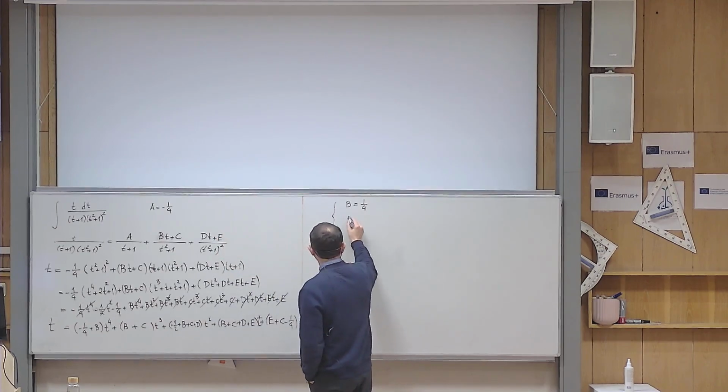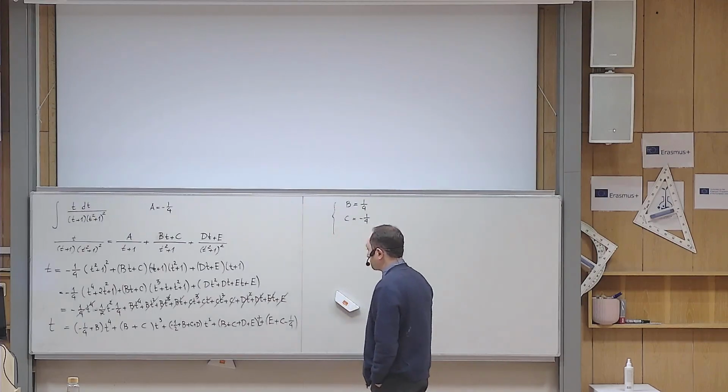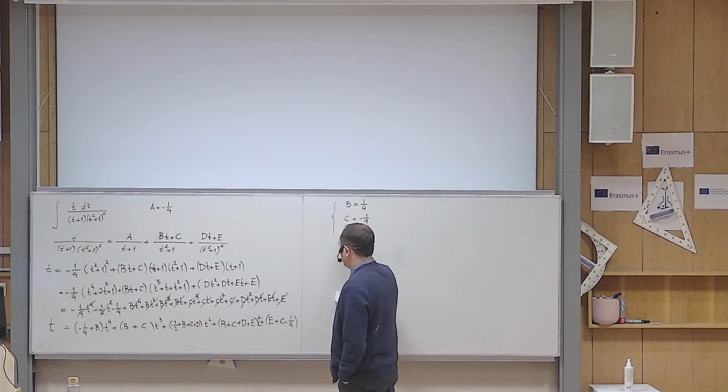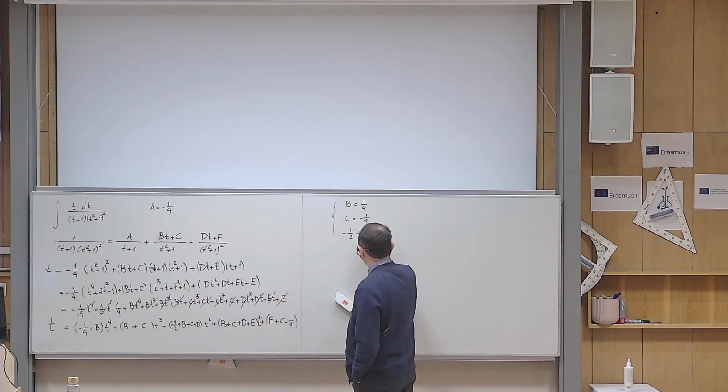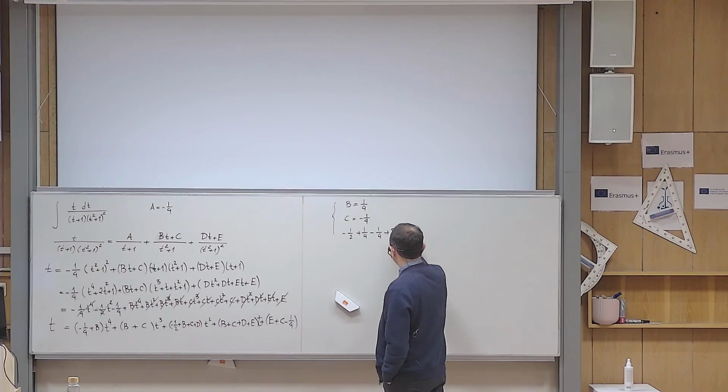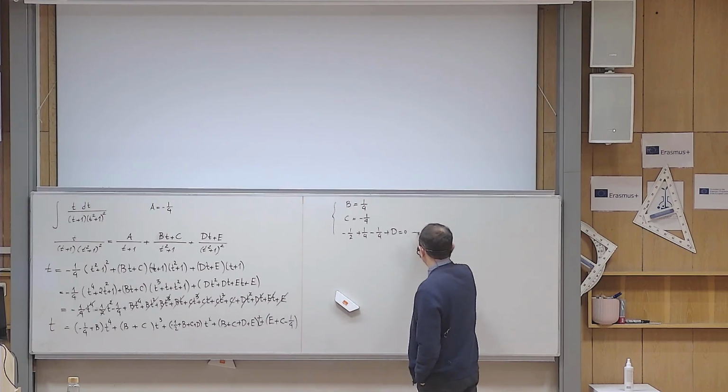So c is minus 1 over 4. Yes. And then here, this should also be 0. So let me write it. Minus a half. B is 1 over 4. Yes. C is minus 1 over 4. And D is still not known. But the answer should be 0. So this means that D is 1/2.